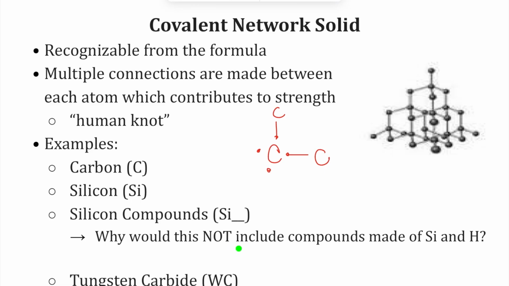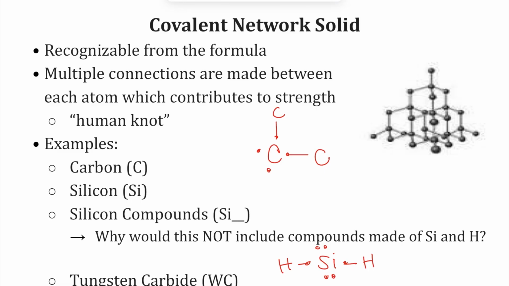Why would this not include compounds made of silicon and hydrogen? Well, silicon, if it has 4 valence electrons, is going to want to bond with 4 things. So by bonding with hydrogen, it is not going to have that same structure that we would want.